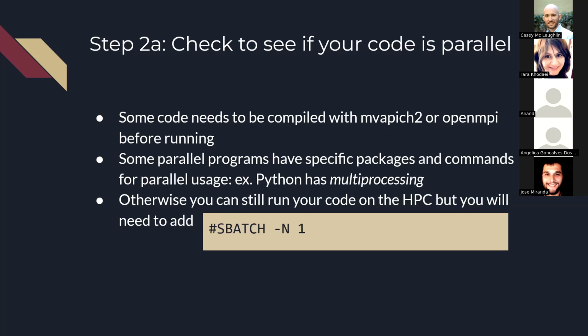So for example, if lowercase n is 64 and it's split across 4 nodes with 16 cores each, those 16 cores will run 1 iteration of the program. So it'll run it times 4, right? If you run the same program 4 times without meaning to, you might even take longer to run your code.